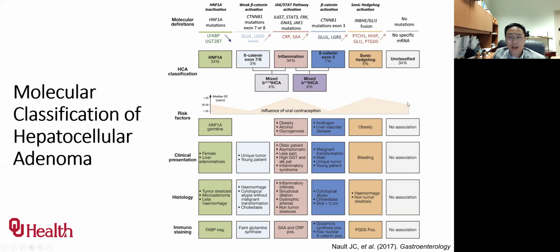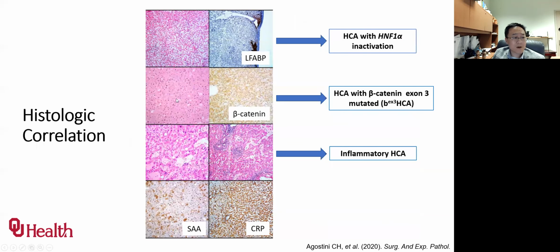The sonic hedgehog activated hepatocellular adenoma has a significantly increased risk of hemorrhage. In some series, up to 70% of the tumors can have hemorrhage. Also important to note that some of the inflammatory hepatocellular adenomas with exon 3 mutation will also have malignant transformation. So these are several hepatocellular adenomas with characteristic histologic features.